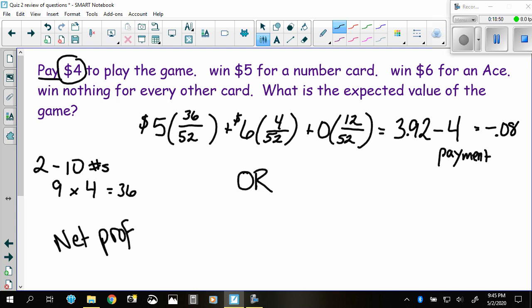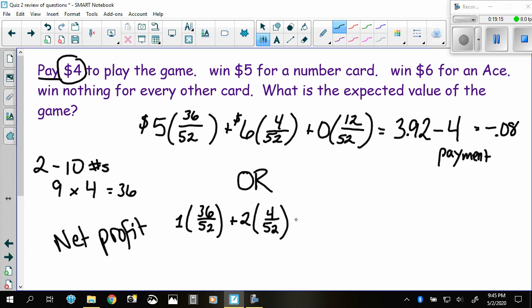Okay, the net profit would be, I don't know if that's how you spell it, 4 away from the 5, so you could win a net profit of $1 for 36 of the cards out of the 52, plus you could win $2, because 6 minus 4 is 2, for 4 of the cards out of the 52.